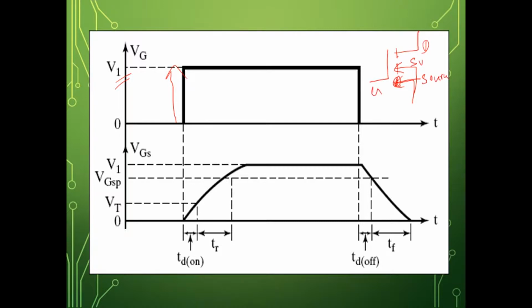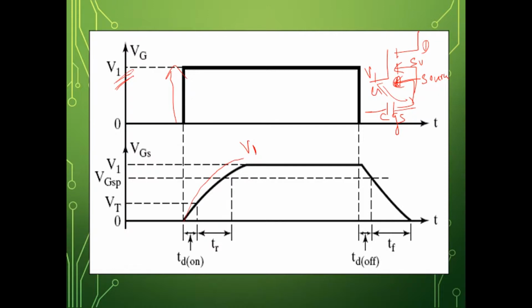So you apply a gate voltage of magnitude V1. So what will happen to the capacitance here, which is between G and S, CGS? So the parasitic capacitance gets charged. So that is what is shown here. So the capacitance gets charged, nothing but VGS will increase and it finally reaches a value V1. That is nothing but what is applied.